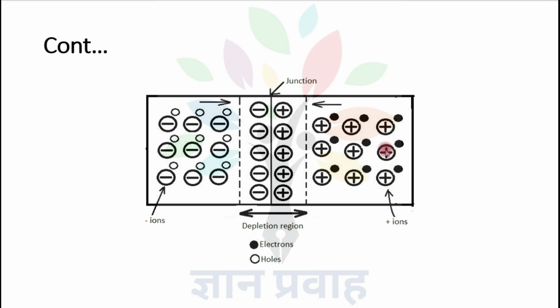In N side material, electrons are the majority charge carriers. It means these are diffusing to oppositely charged regions. It means electrons are moving from higher concentration to lower concentration. At the boundary of this PN junction diode, these holes and electrons are recombined. And these are leaving the immobile charge carriers. And this region is called the depletion region.